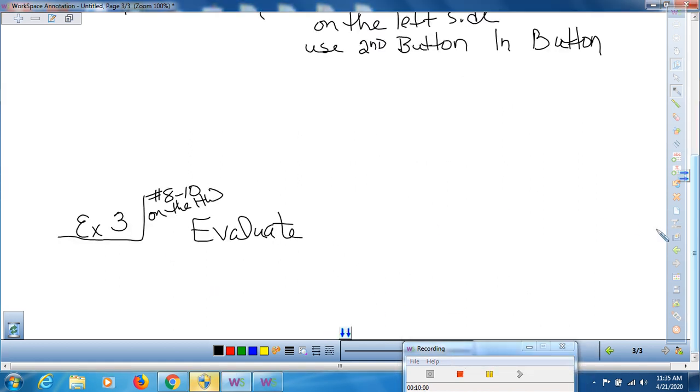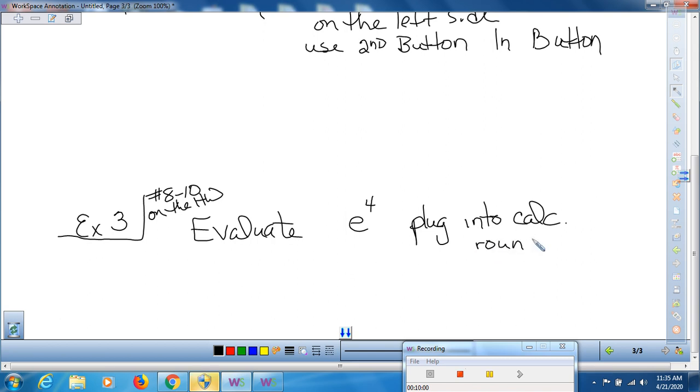All right, on problems 8 through 10 in your homework today, you're going to have to evaluate. And if we're evaluating, let's say e to the fourth, you're going to just plug this into your calculator. And I'm going to ask you to round to 4 decimal places.